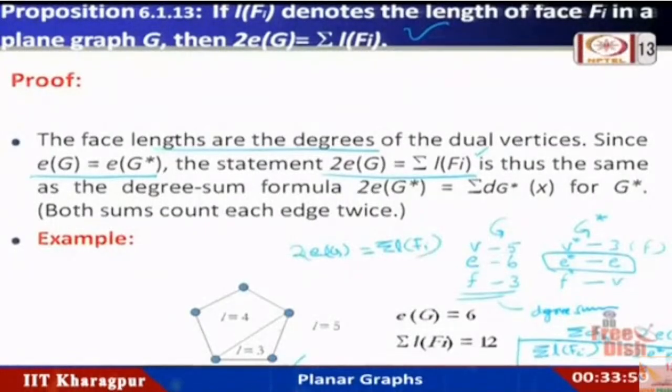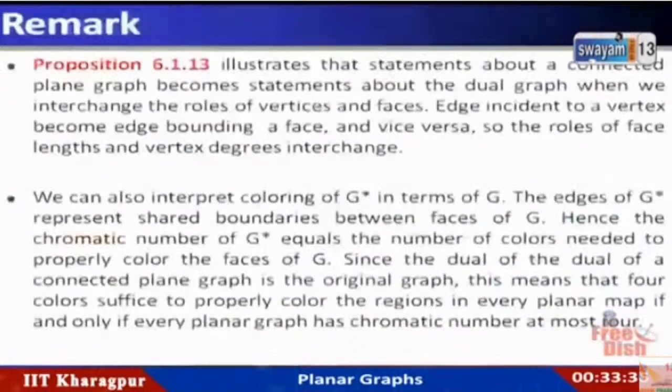So this is equal to the degree sum formula, because E is the same in the dual graph and the sum of the lengths of faces is nothing but the sum of degrees of the dual graph.